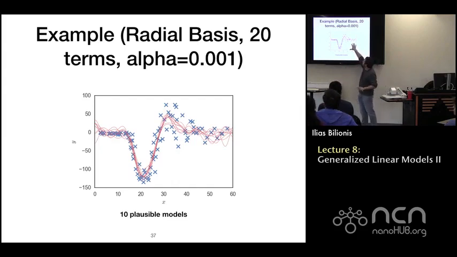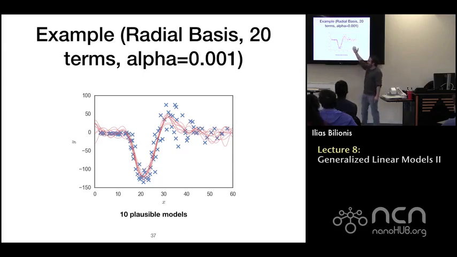Now here's what you will see if you sample 10. You will see basically the epistemic uncertainty bounds appearing here. If I sample 100 times, 95% of these lines will be within the bounds I drew before. But again, these are 10 models.